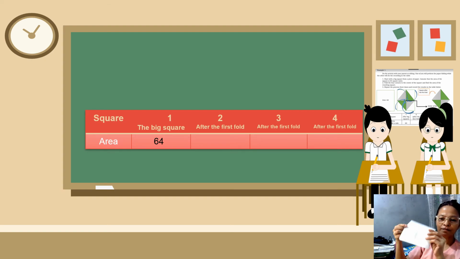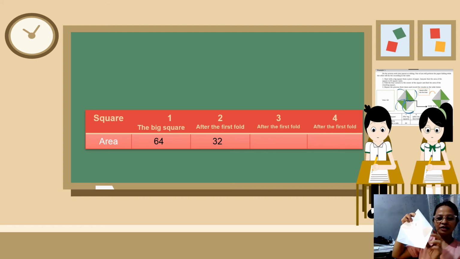The first square is this one, and the other is made up of 1, 2, 3, 4 triangles. And the two squares are equal. So what is the area of this square here, coming from the area of the big square? Yes, the area of this smaller square is 32. 32 plus another 32 equals 64.